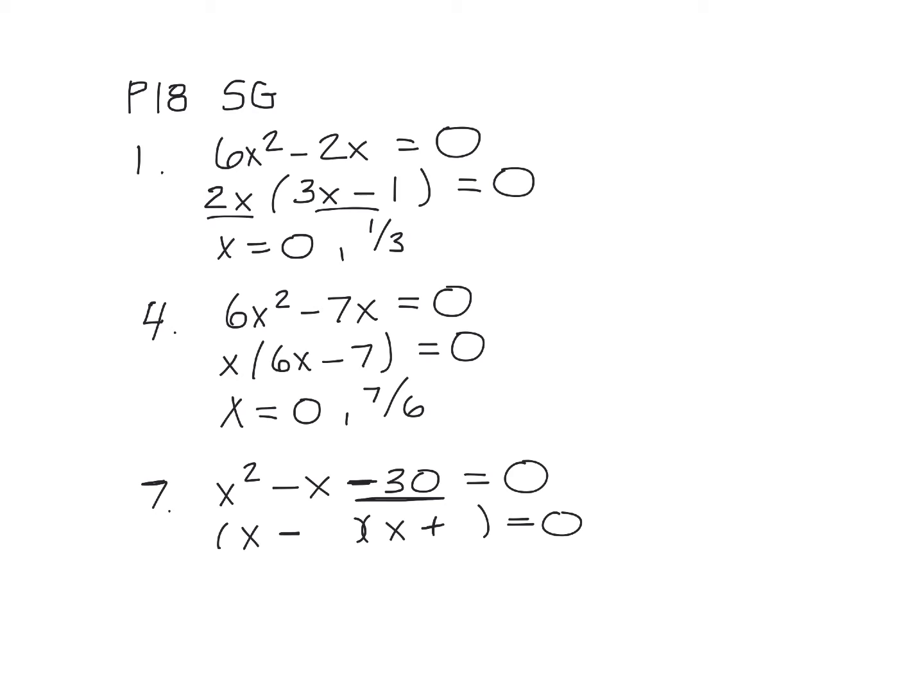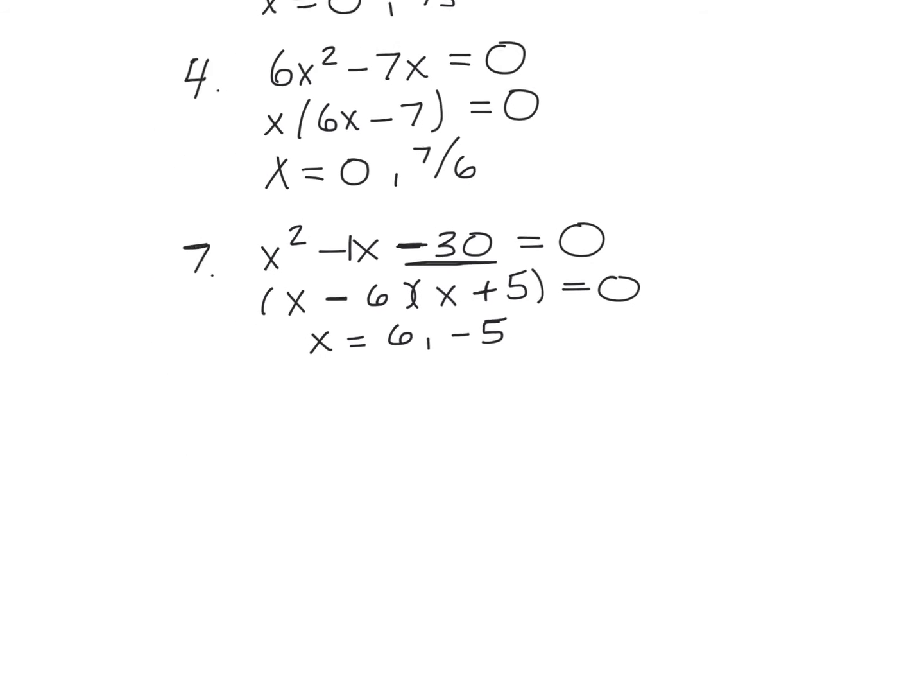And then I need my outside and inside terms to give me a negative 1. So factors of 30 that differ by 1 would be 6 and 5. And I'd want the 6 to be negative, the 5 to be positive. And therefore my solutions would be positive 6 and negative 5. Those would be my x-intercepts of that particular parabola.